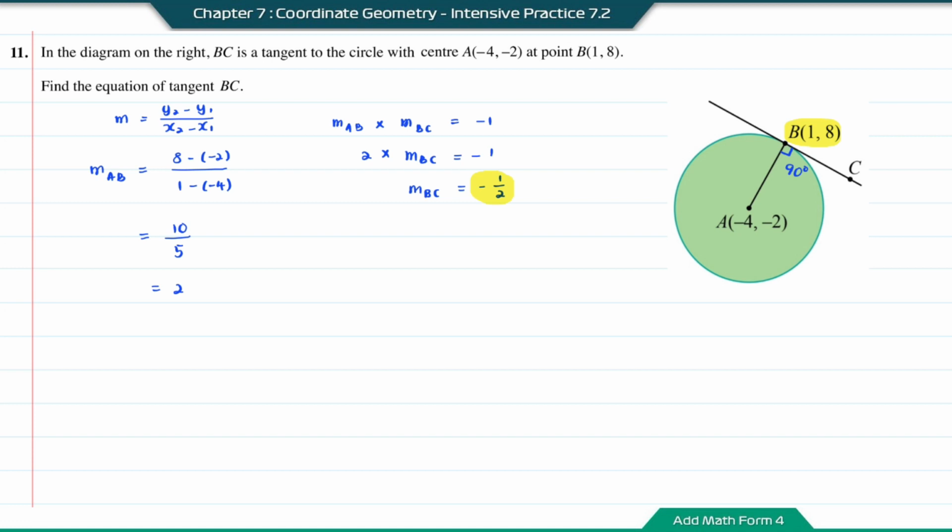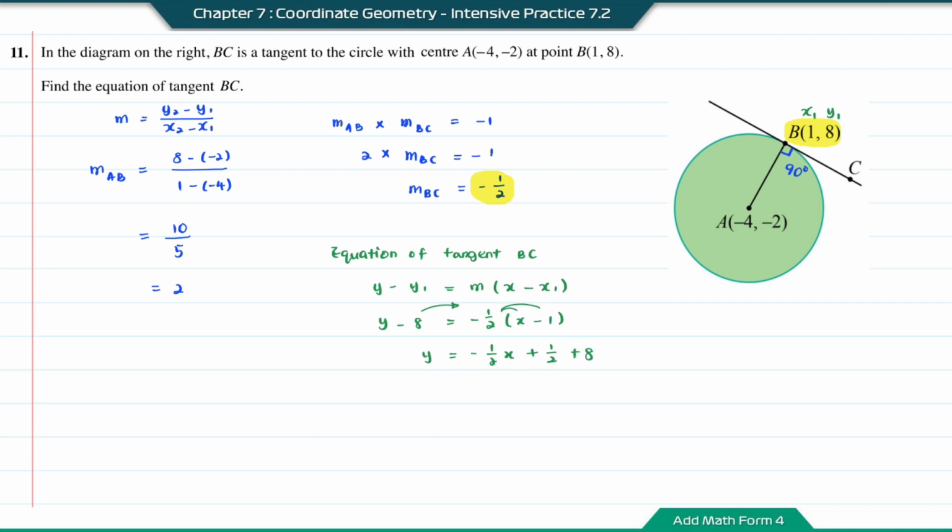So we have enough information to find the equation of the tangent BC. So y minus 8 is equal to negative 1 over 2, x minus 1. So y is equal to negative 1 over 2 x plus 1 over 2. Then move the negative 8 to the right hand side, it will be plus 8. So y is equal to negative 1 over 2 x plus 17 over 2. This will be the equation of tangent BC in gradient form.